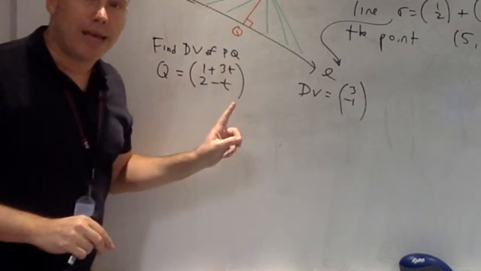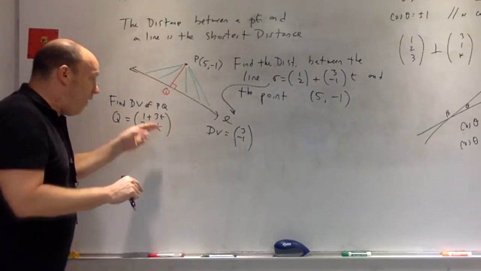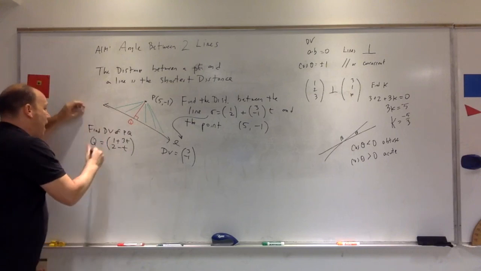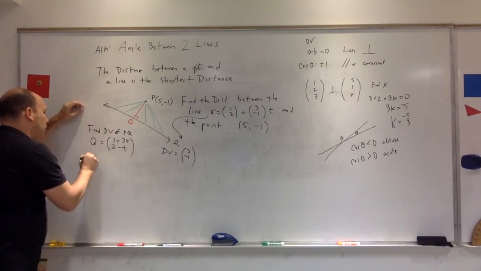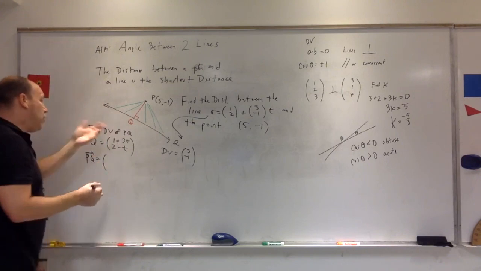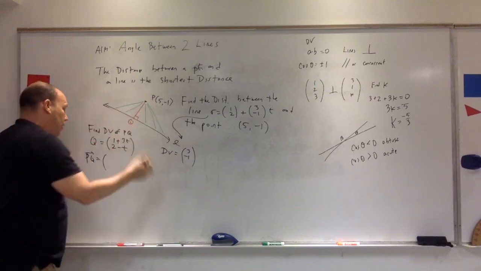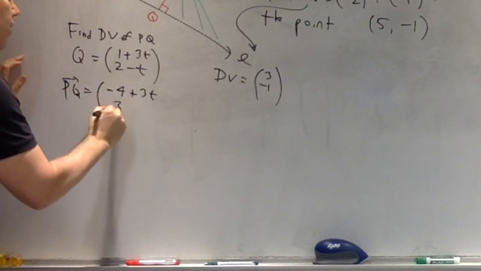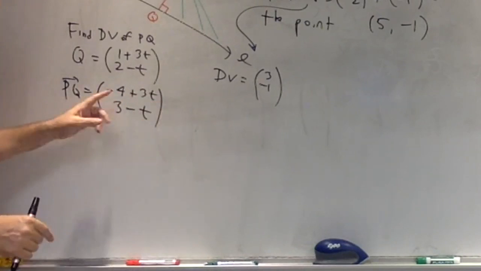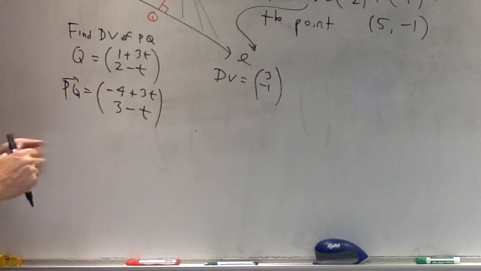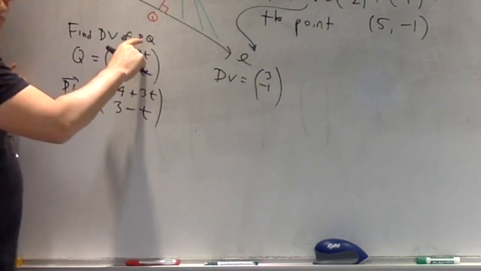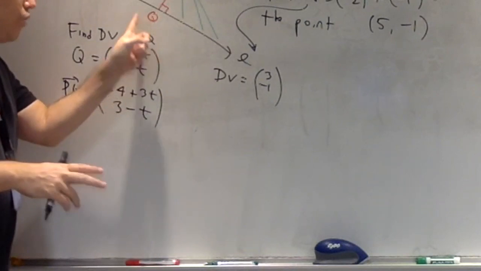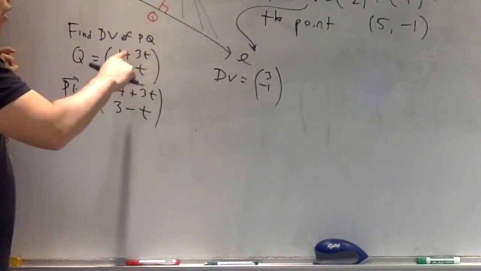I don't know which t it is, but if I find the t, it will get me that Q. The question is now, what is PQ? Well, PQ is Q minus P: (negative 4 plus 3t, 3 minus t). That is the direction vector of PQ. Once again, to find any vector PQ, take Q and subtract P.